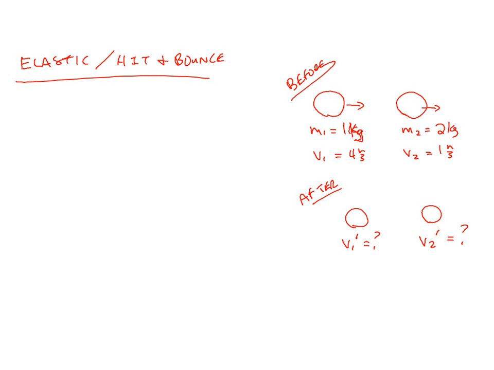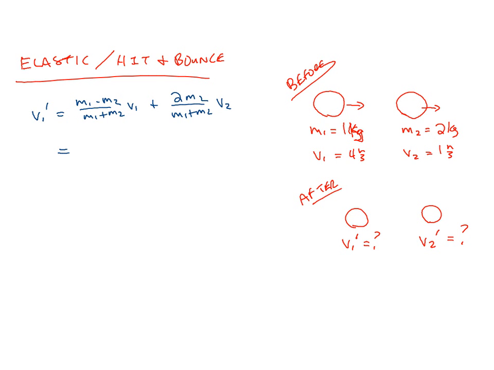So we would come in here and we would say V1 prime equals (M1 minus M2) over (M1 plus M2) times V1, plus 2M2 over (M1 plus M2) times V2. And that seems a little arduous, but it's just arithmetic, right? It's just adding and subtracting and the like. So we can do this.